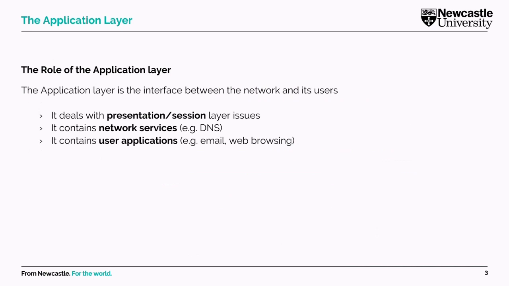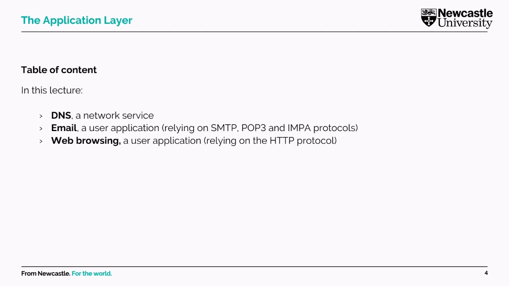So it allows users to build what we know as web applications. It contains network services such as DNS, the domain name system, as we will see, and other common applications you've learned to work with across your upbringing, mine as well, with email and browsing the web. So we'll talk about these today. DNS is a network service, an auxiliary protocol that makes the internet more usable.